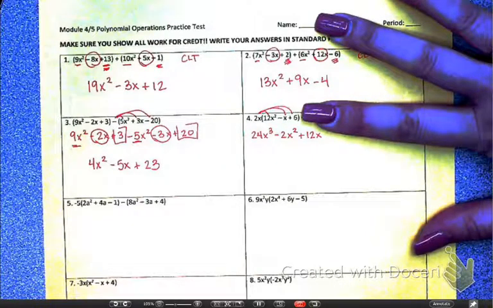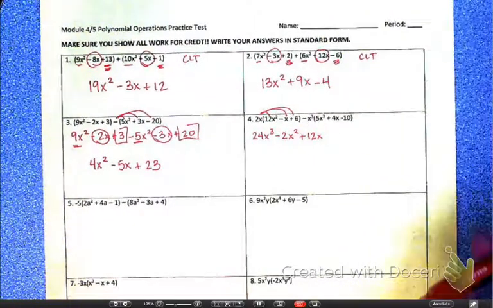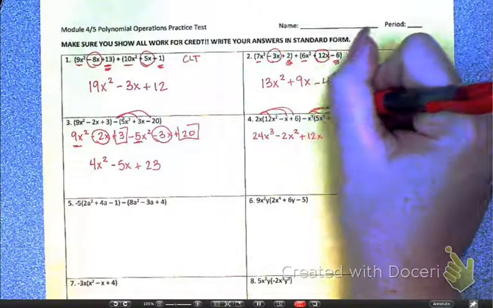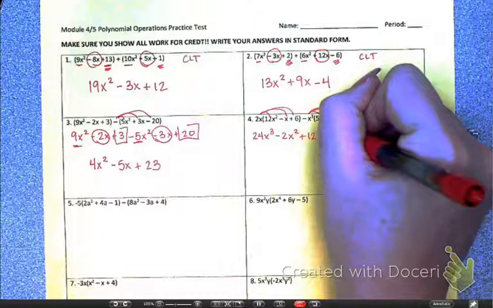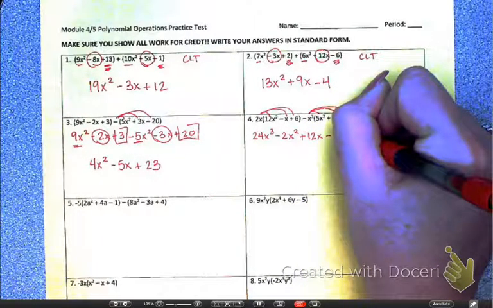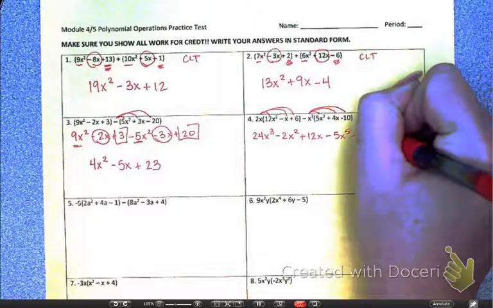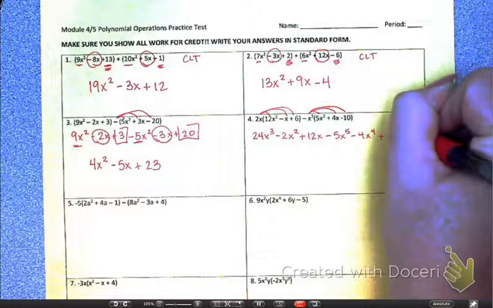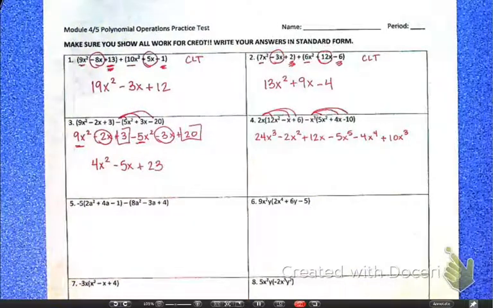So far, so good? Okay, we're going to do the same thing with this second set. If I distribute in a negative x to the third, I get a negative 5x to the fifth, a negative 4x to the fourth, and a positive 10x to the third. So distribute in that negative x to the third, and now I'm combining like terms.